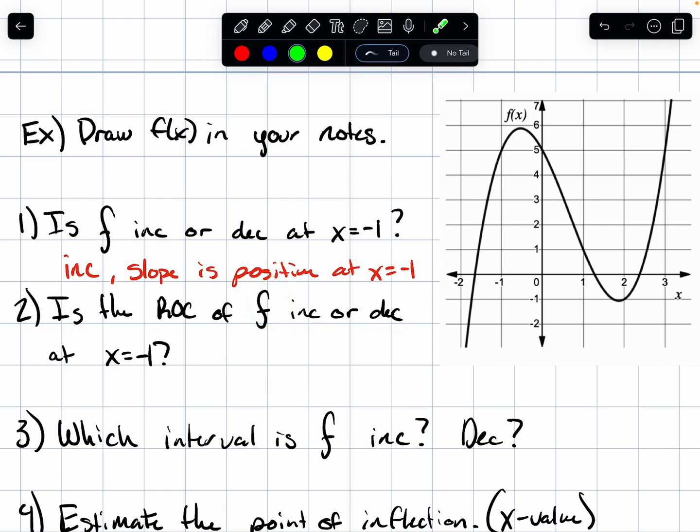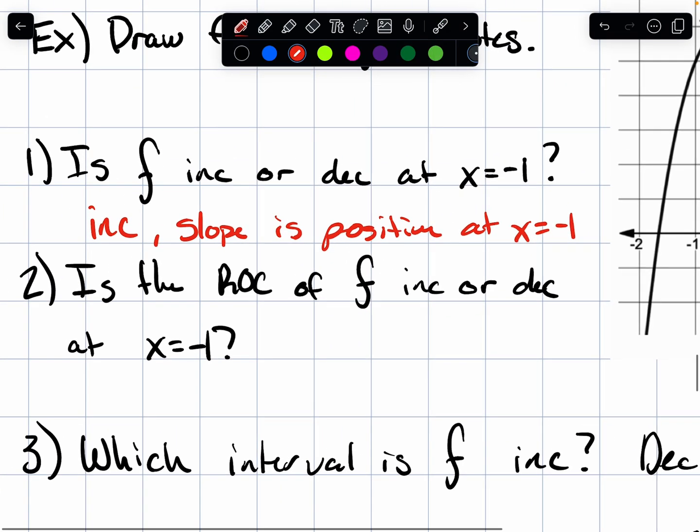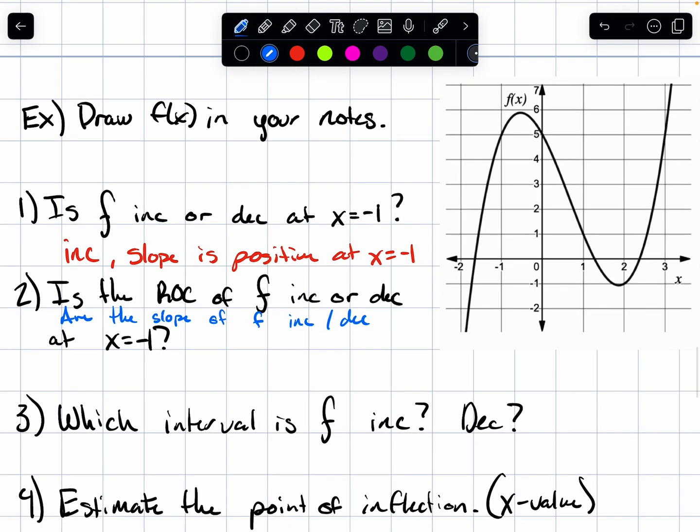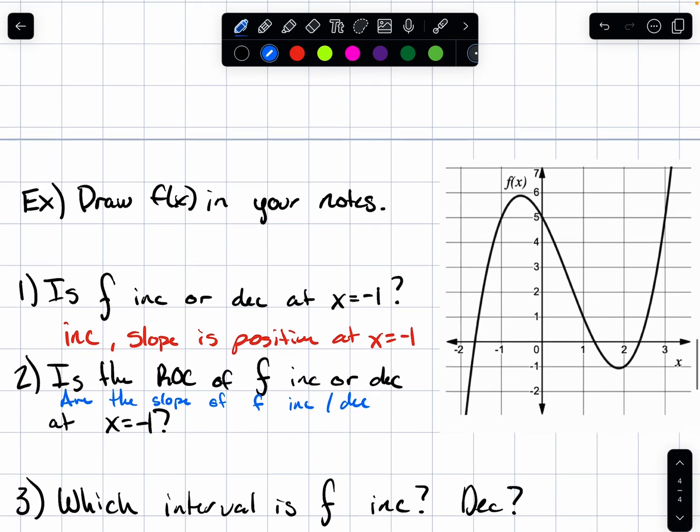So essentially, we could rewrite this in a more English way as, are the slopes of f increasing or decreasing over time at x equals -1? So what's going to happen is I want to basically look if I'm concave up or concave down when x is equal to -1.